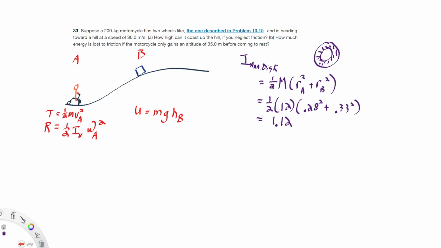What does it say next to the I? This is an annular disk. Annular is a fancy word for has a hole in the middle of it.